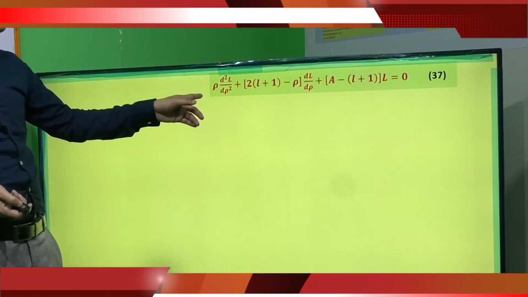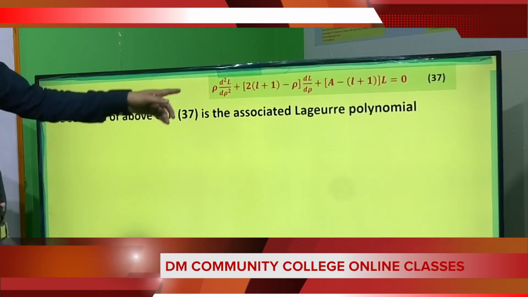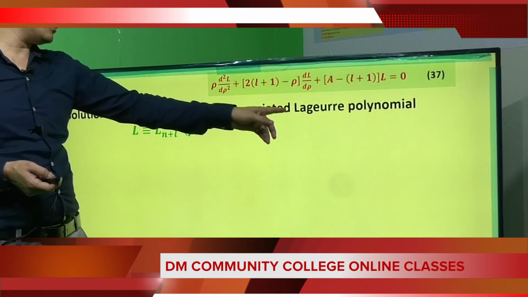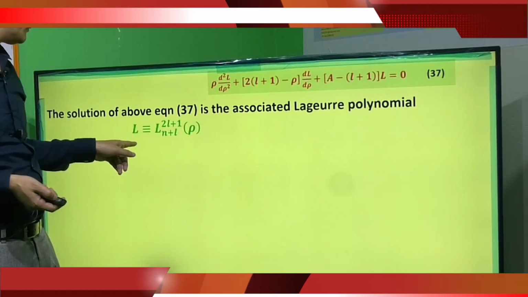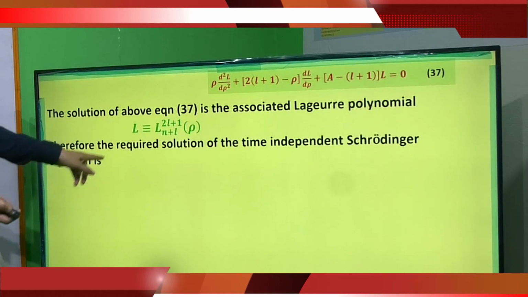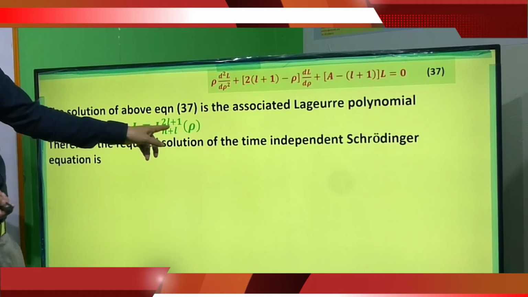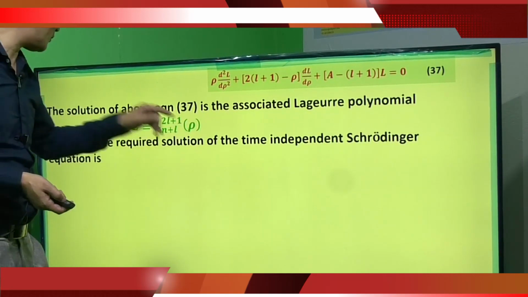Now I am recalling equation number 37. This equation 37 is the well-known associated Laguerre equation, and whose solution is the associated Laguerre polynomial expression that we highlighted here, expressed in terms of rho.